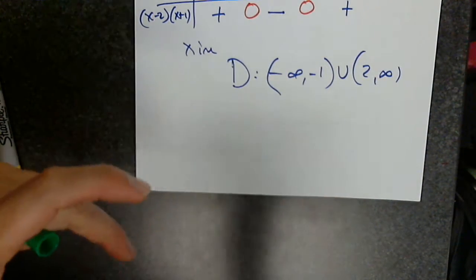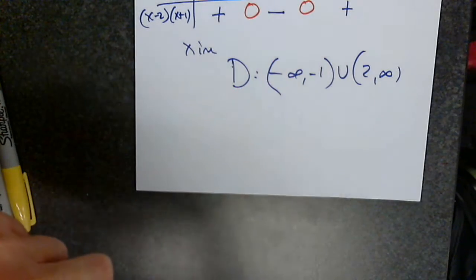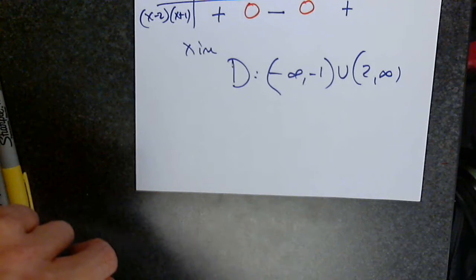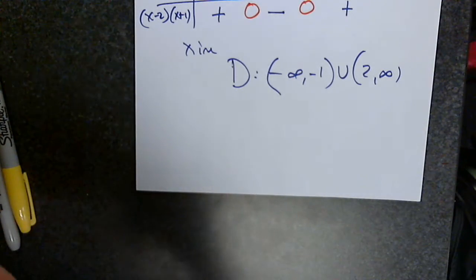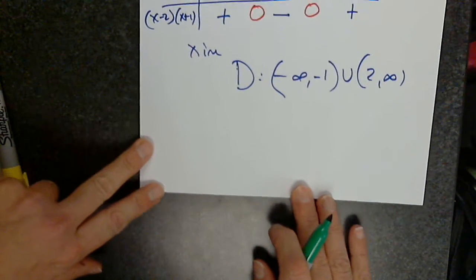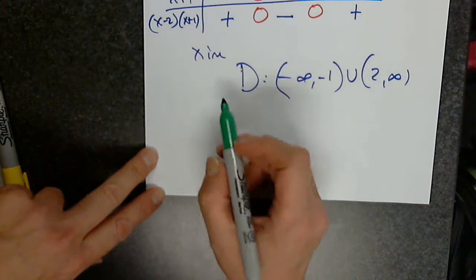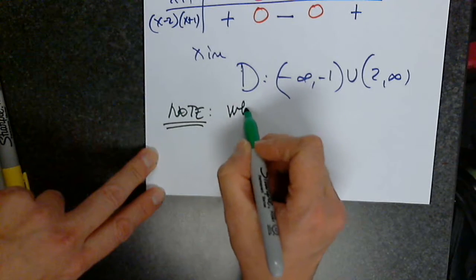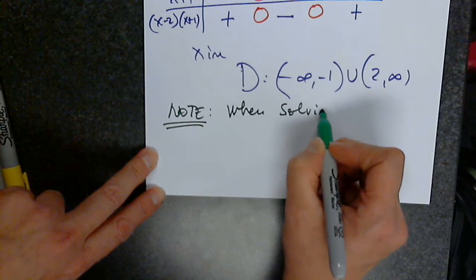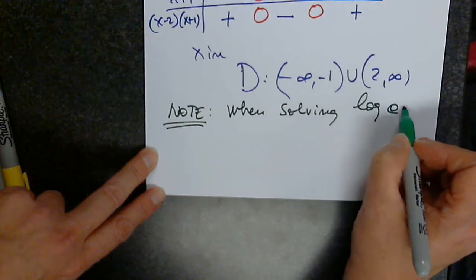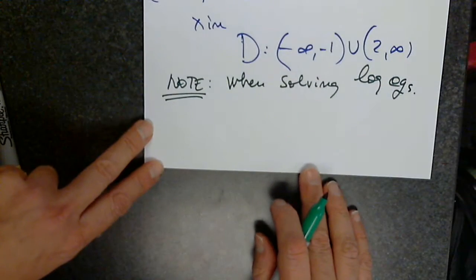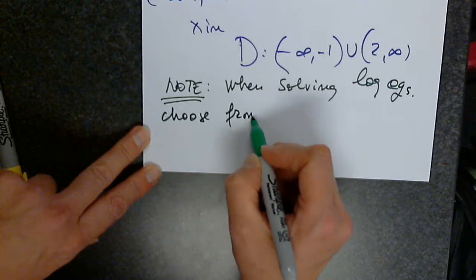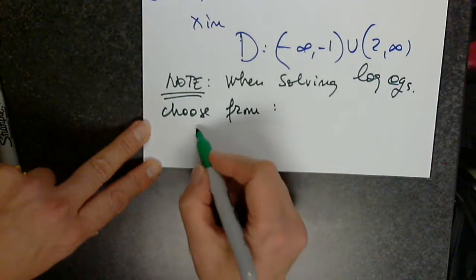You don't have to be consistent. On problem 5, you can check the solution. On problem 6, you can find the domain. I'm fine with that. But you remember, log is a function with restrictions. So note, when solving log equations, choose from 1.